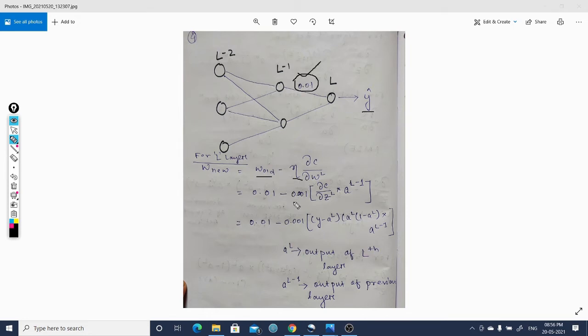Learning rate I will talk about when I create the basics of neural networks. This is a manually given hyperparameter, so just remember that. It is constant.